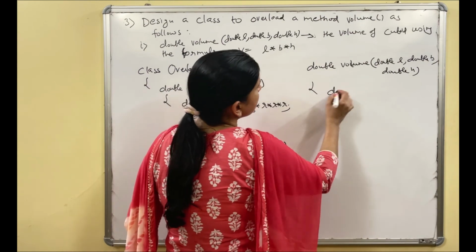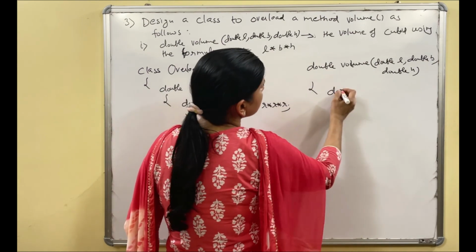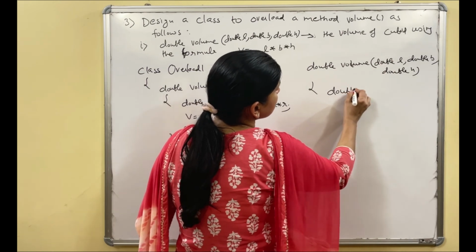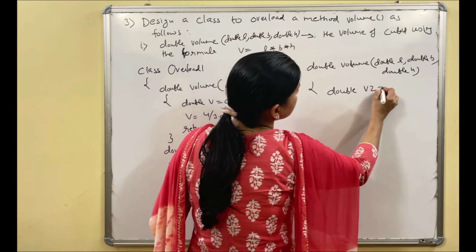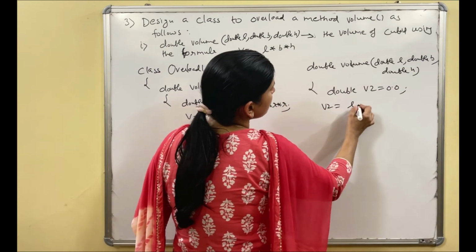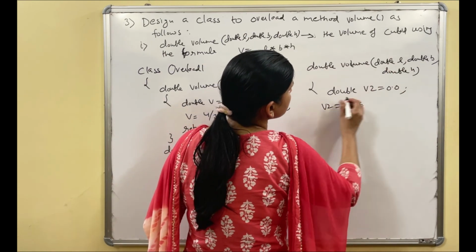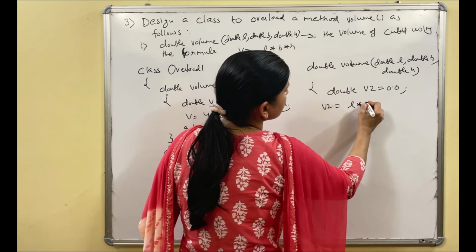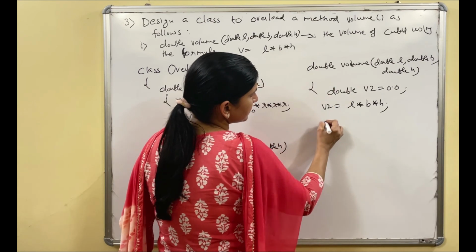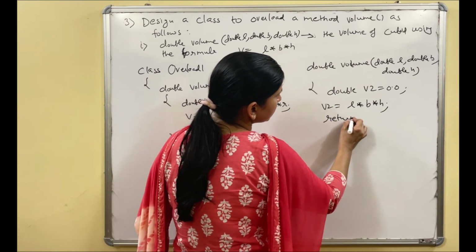In the same way we could take int also. Okay, double is given as the parameter, so we will take double only. Double v2 equals 0.0, then v2 equals l into b into h, and because all parameters are double, that's why we have taken v2 as double. In the same way, the return type is double, so we will return v2.